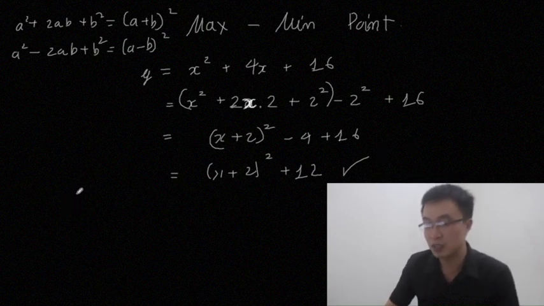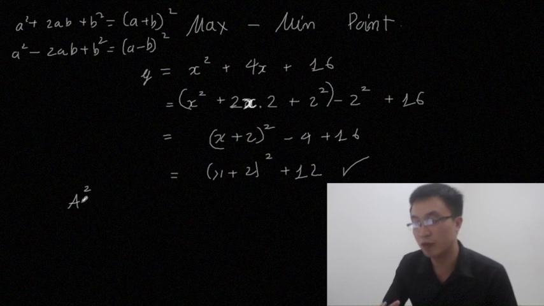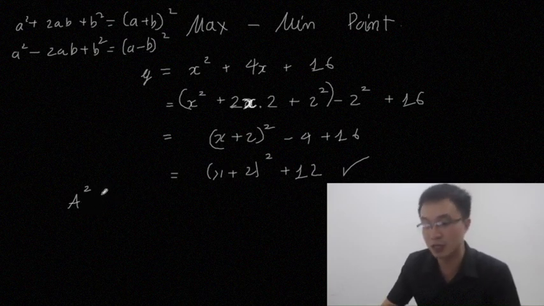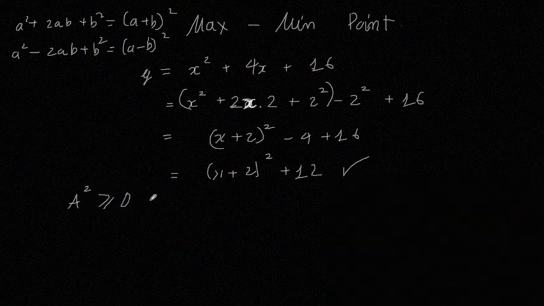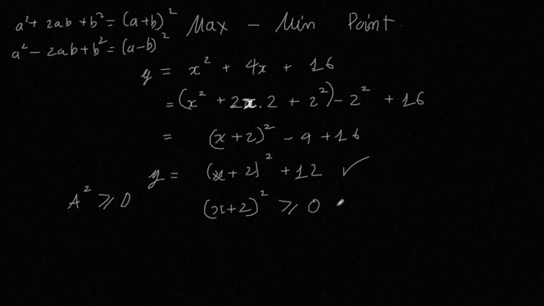To find the maximum or minimum point by this, you know about the square: a squared number is always greater than or equal to 0. So in this part of the function y, you have (x plus 2) squared, so (x plus 2) squared is greater than or equal to 0. So we have the first inequality, and then you have plus 12.